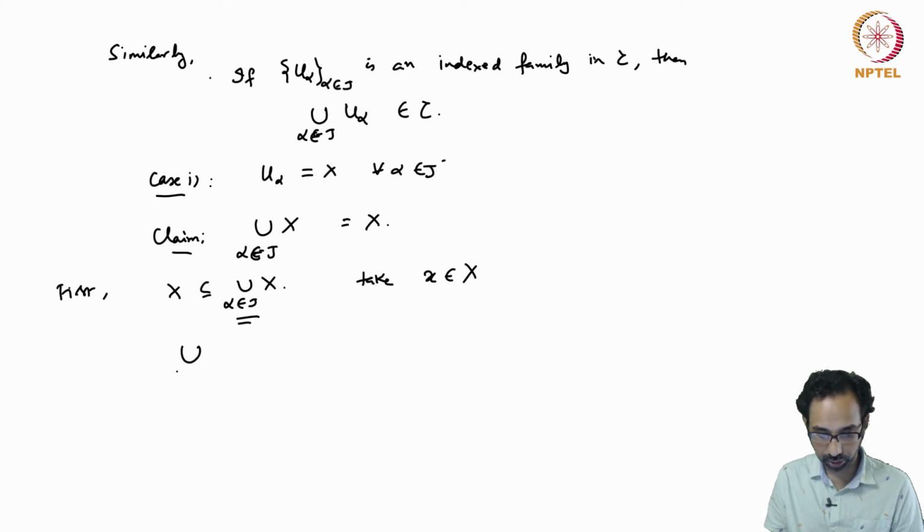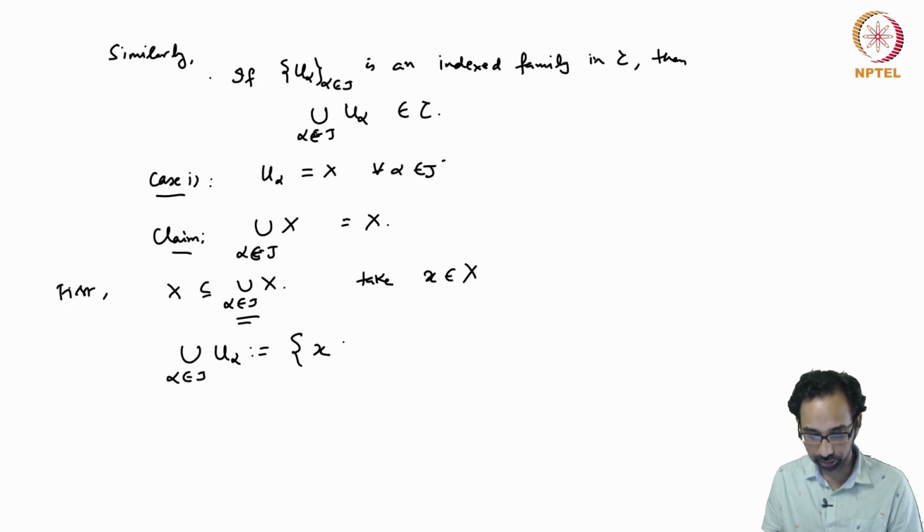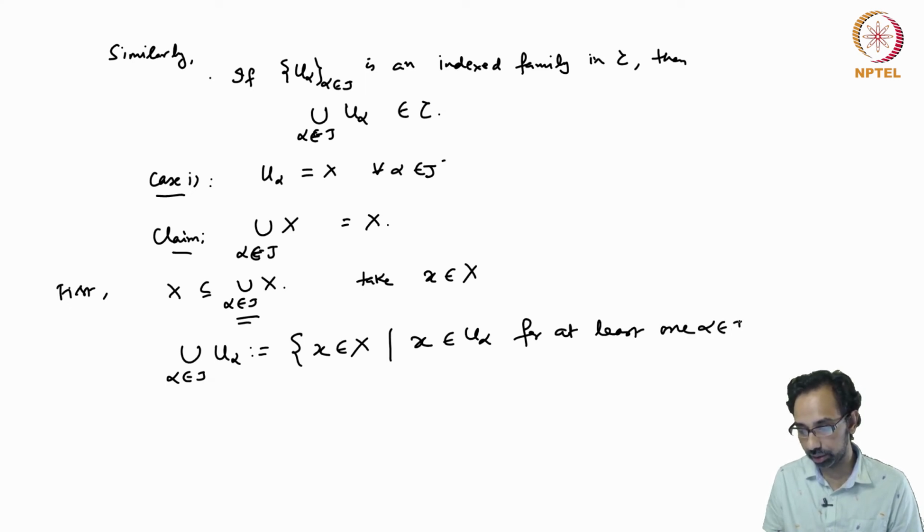So what is this union? Remember that this is the set of x in X such that x belongs to U alpha for at least one alpha in J.